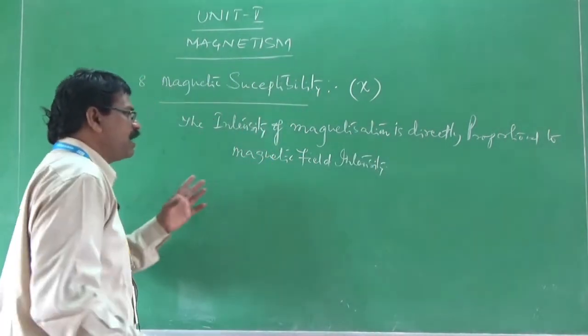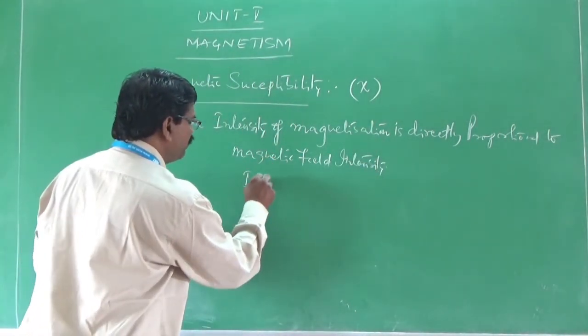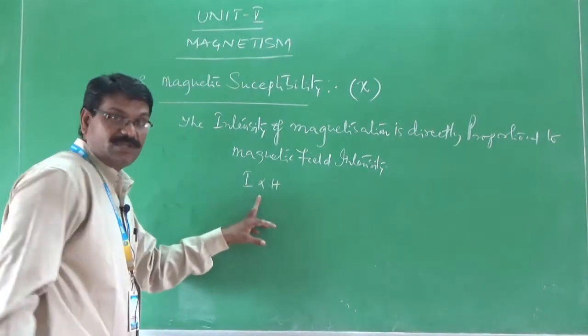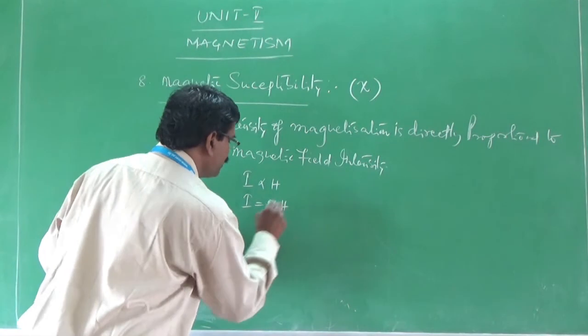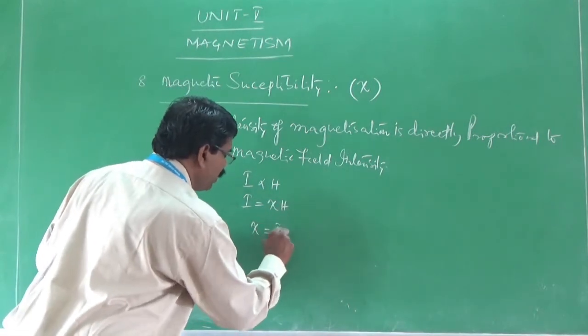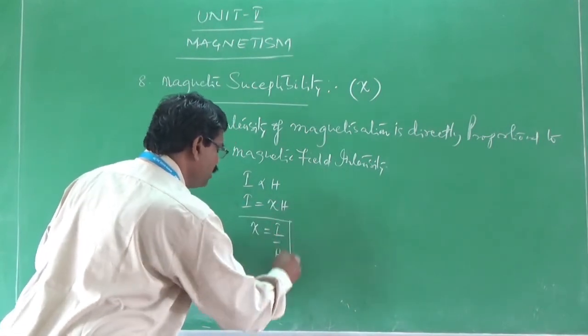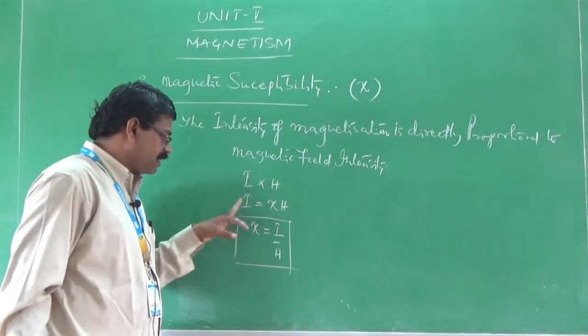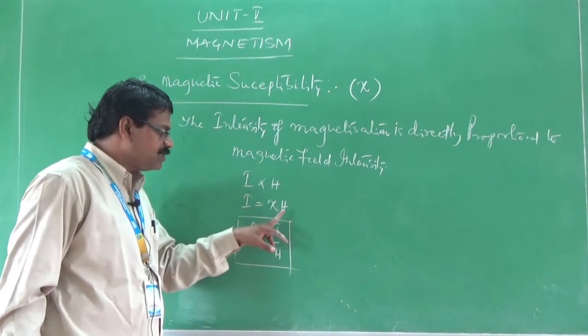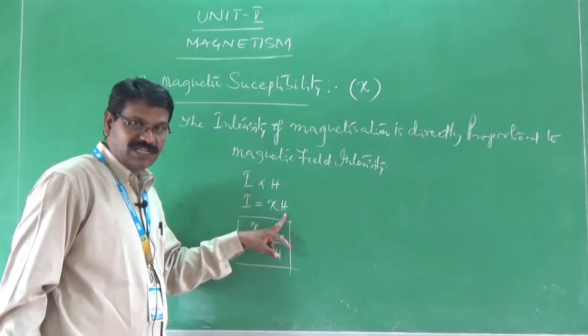That means we can write it mathematically as I directly proportional to H. If I remove this proportionality, I can get I is equal to psi H and psi is equal to I by H. This is the ultimate mathematical relationship between I and H, where I is called intensity of magnetization and H is called magnetic field intensity.